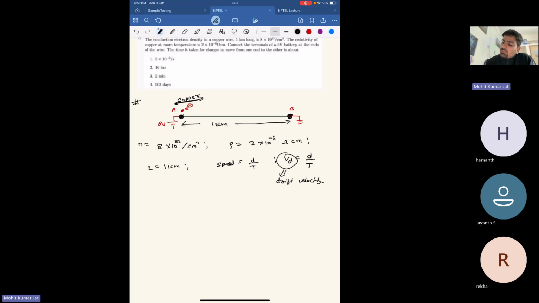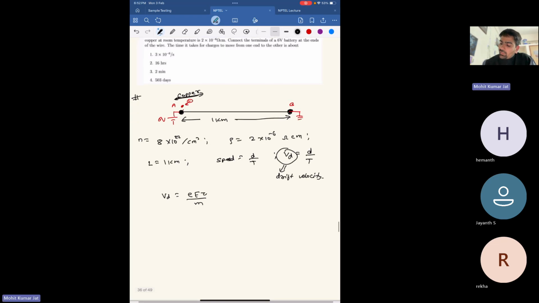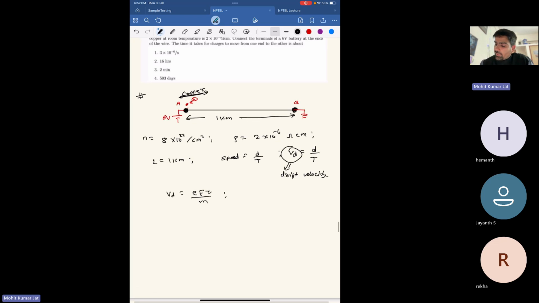Vd is eE tau by m, right? And sigma I also know, that is n e squared tau by m. So rho I can write as m by n e squared tau. So let me take the product of it, because I have been given this quantity. I should multiply them, not divide them.